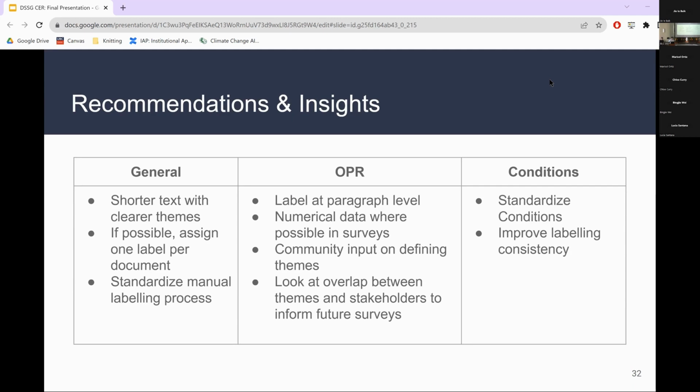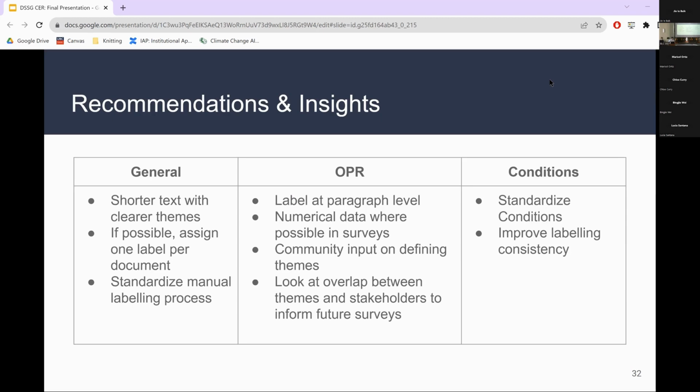So having more than one labeler per dataset, having those labelers be blinded to the source and the context of the dataset, and having some metrics of inter-rater reliability going forward, such as the intra-class correlation and Cohen's kappa, would be incredibly helpful to understand how these raters are working together and how often they agree or disagree with each other.